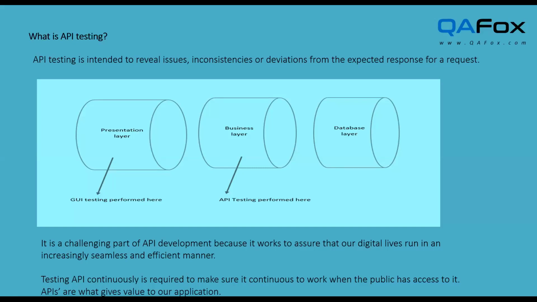Yesterday we discussed the different types of architectures: 1 tier, 2 tier, and 3 tier. Here you can see the 3-tier architecture, where API testing is performed. This is the database layer, the business layer and the presentation layer.